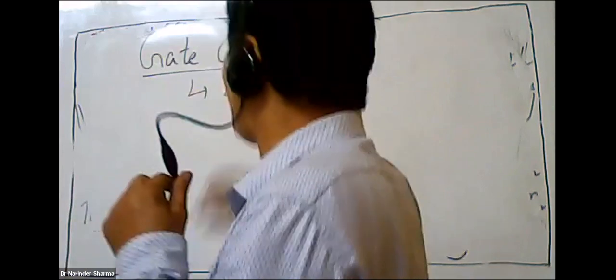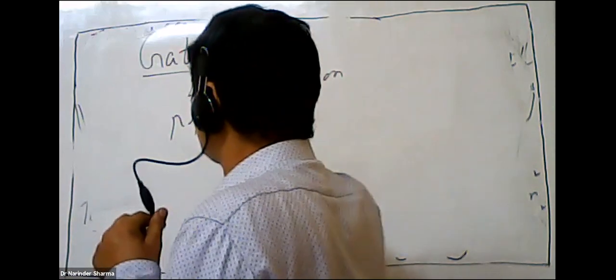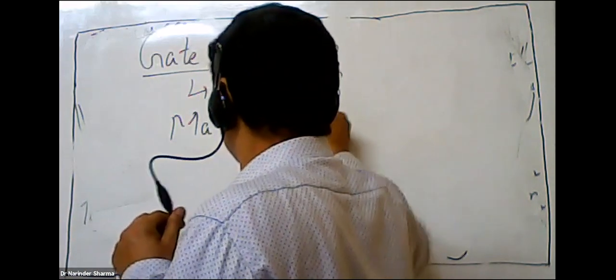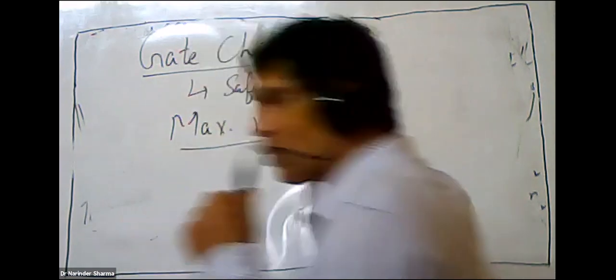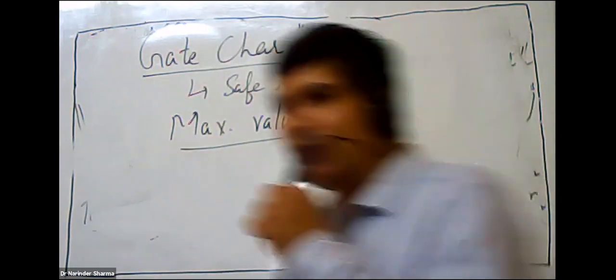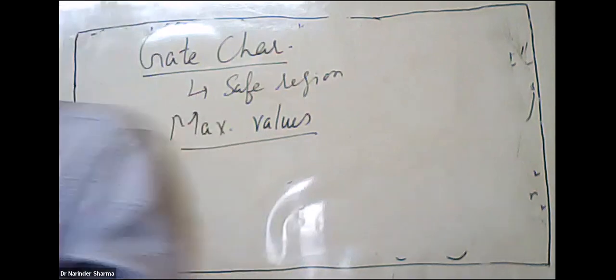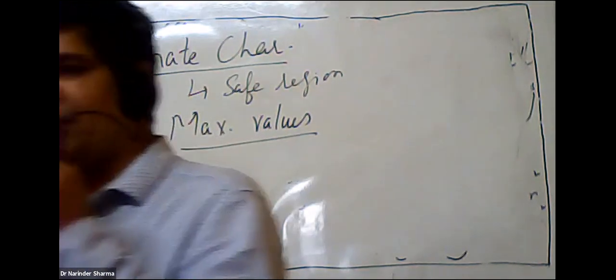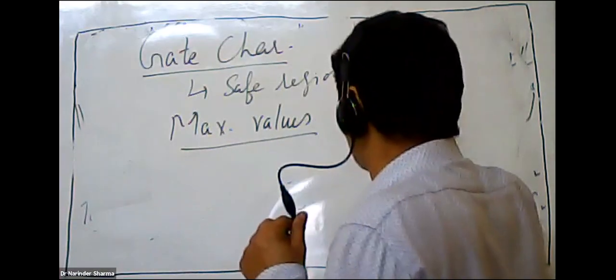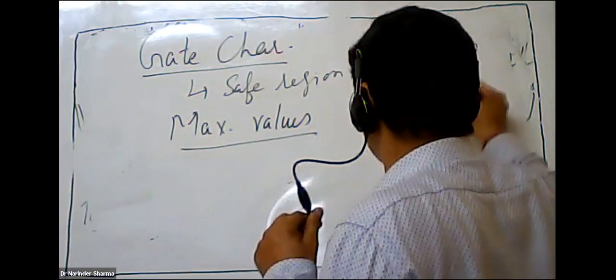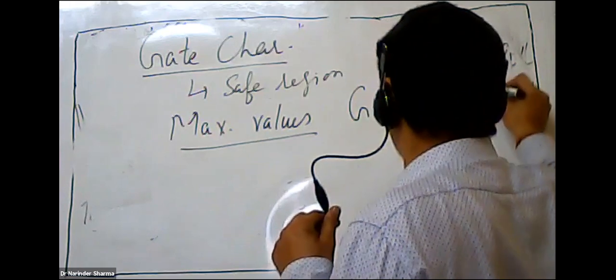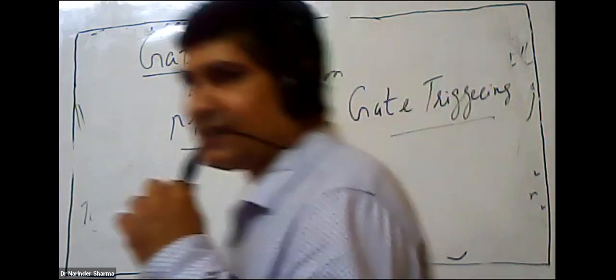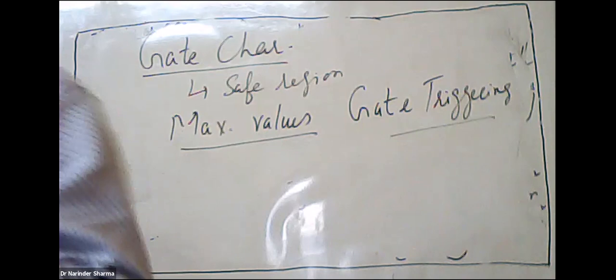The range should be below these values, otherwise it may get damaged. Gate triggering is also mentioned at the time of manufacturing, and it is available on the data sheet.